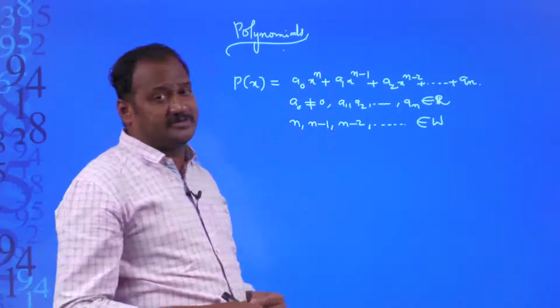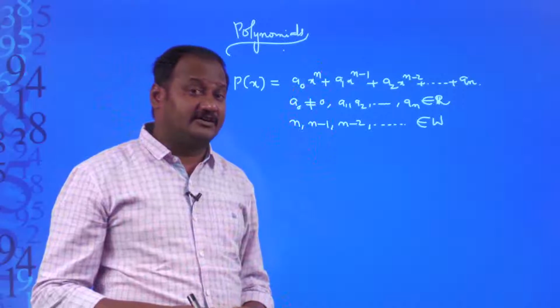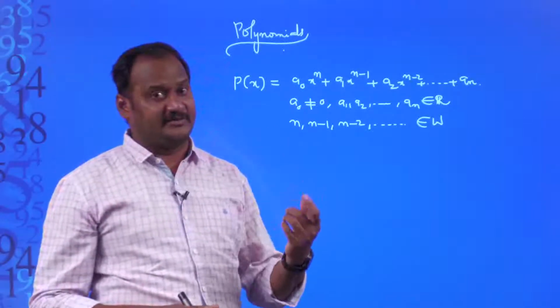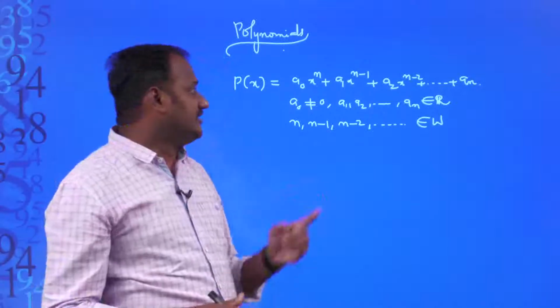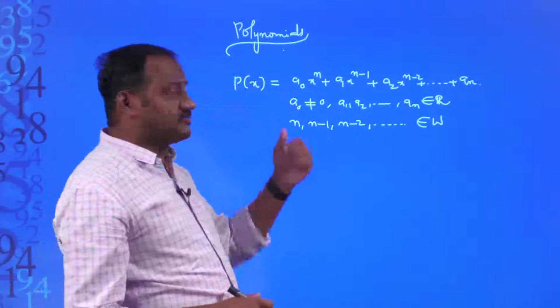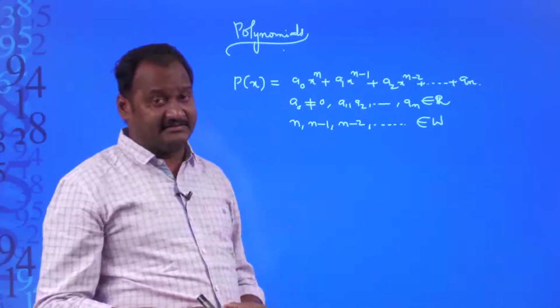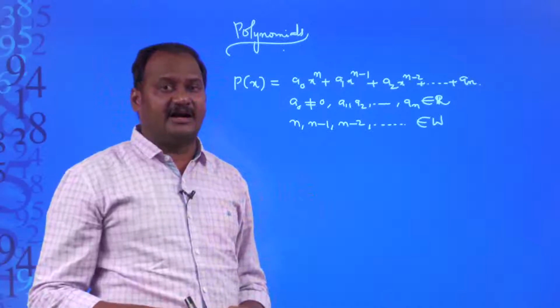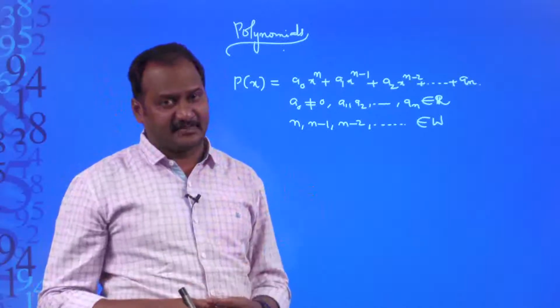If there is no x to the power of n term, then we cannot call this an nth degree polynomial. The highest power of a polynomial is said to be the degree, right? So then you cannot call it an nth degree polynomial. That is why the x to the power of n term should be there. Then only we can call this polynomial an nth degree polynomial or a polynomial of degree n, right.